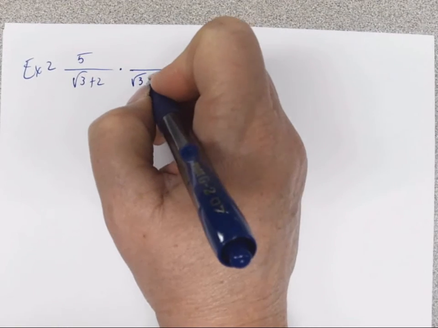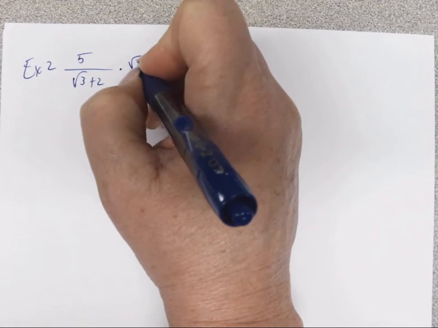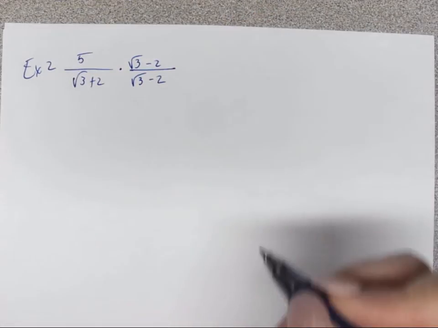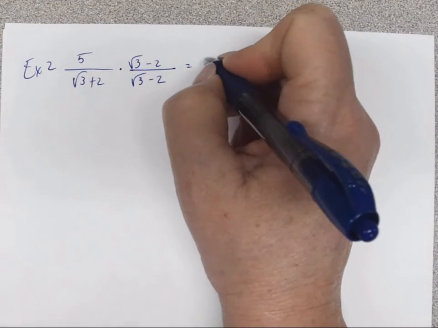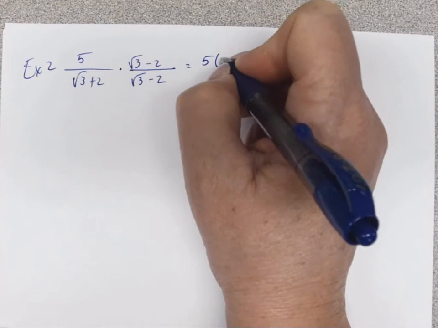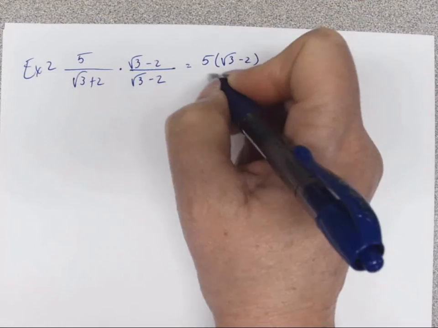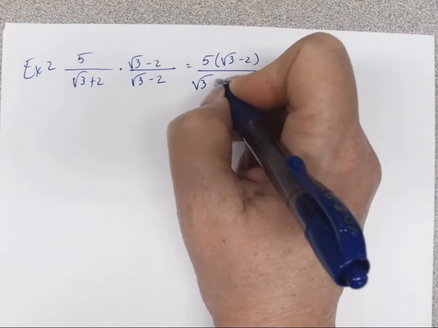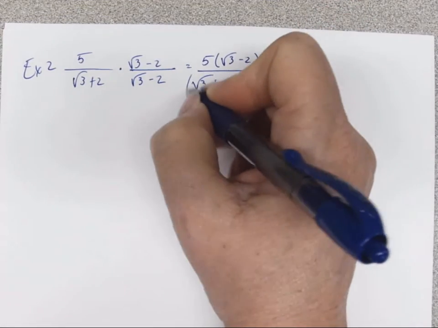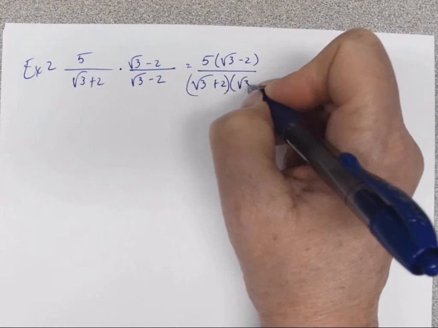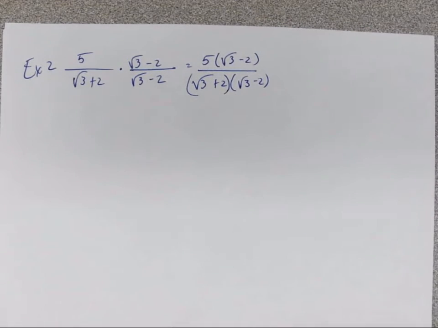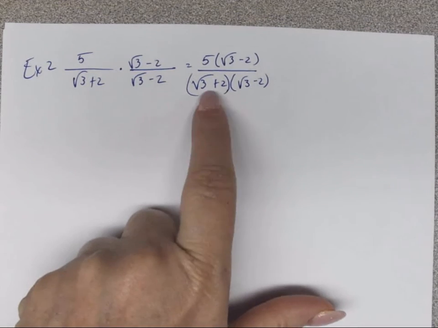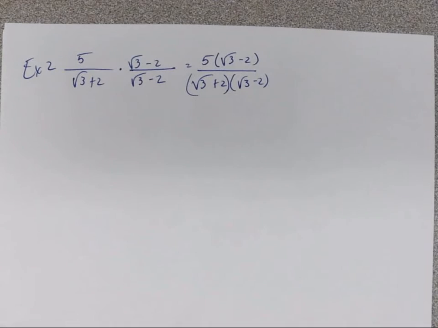So square root of 3 minus 2, square root of 3 minus 2. So on the top now we have 5 times the square root of 3 minus 2, and on the bottom we have the square root of 3 plus 2 times the square root of 3 minus 2. This is the difference of squares part on the bottom.